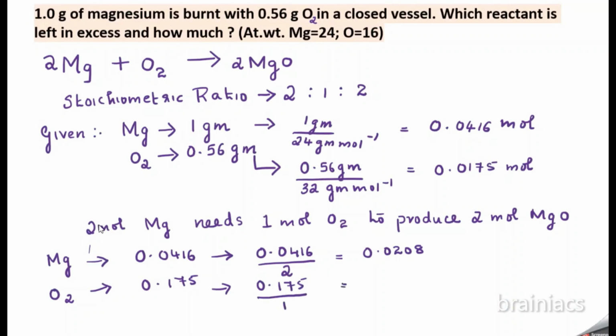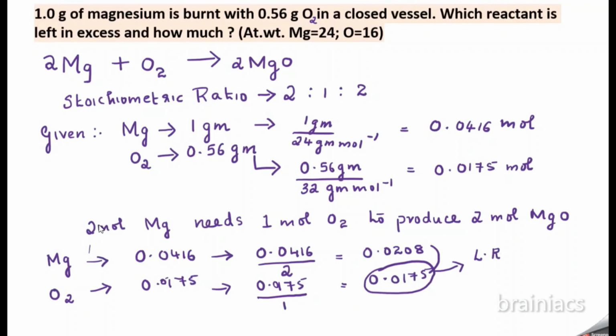So the value here is 0.0175, correct? Now compare these two values. Which one is the lower value? So I could understand that 0.0175 is the lower value. In that case, this will be my limiting reagent.